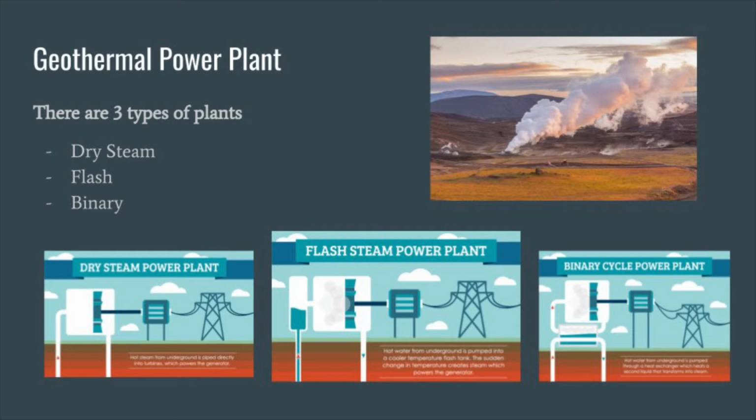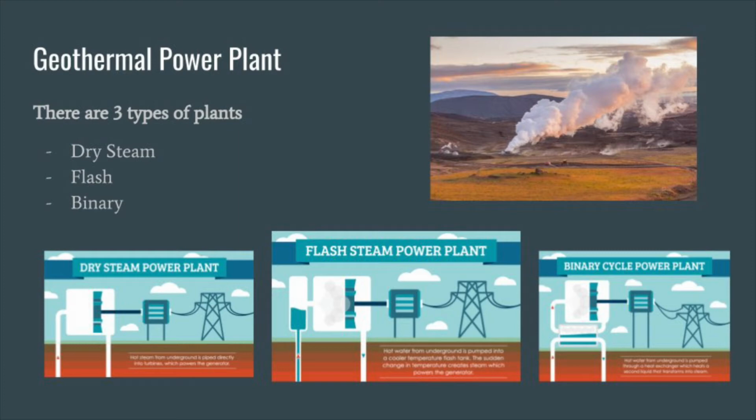First, let's go with dry steam power. Dry steam power plants take the steam from under the Earth's surface and send it right into the power plant, and then directly into a turbine and then generator to create power. This can be seen on the leftmost figure, where it takes the steam from the Earth's surface and has it start powering this turbine that is then hooked to a generator.